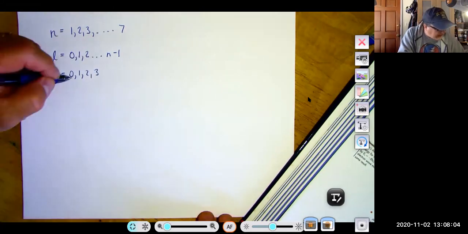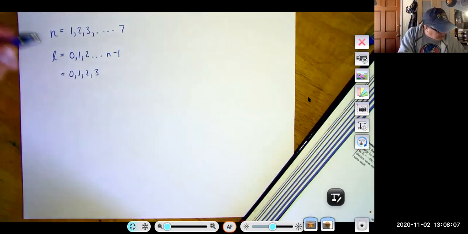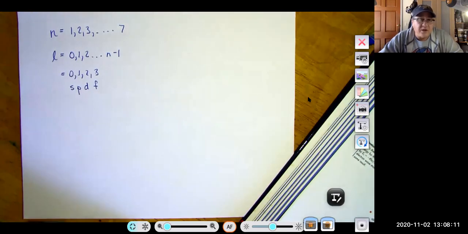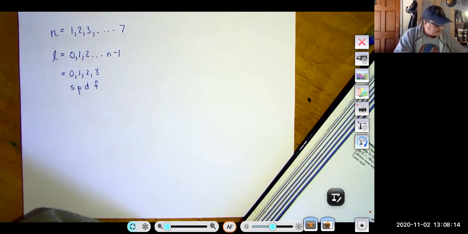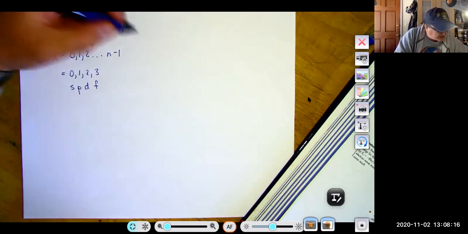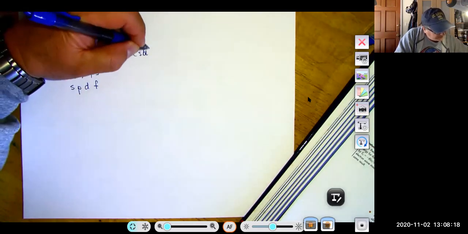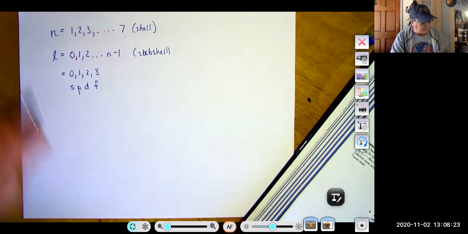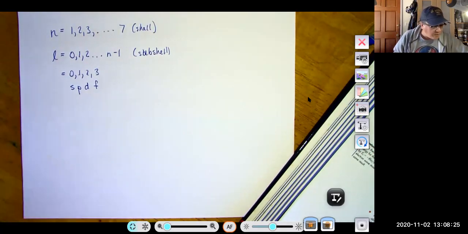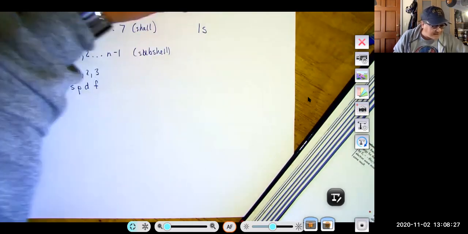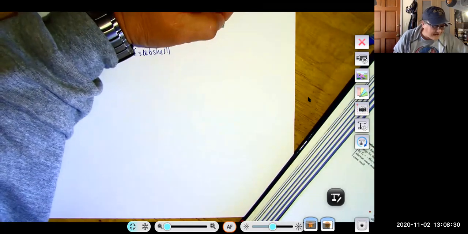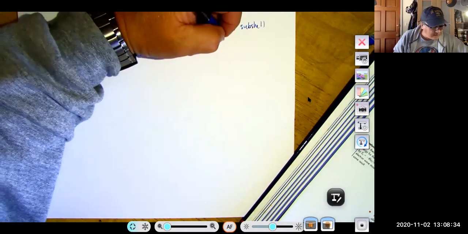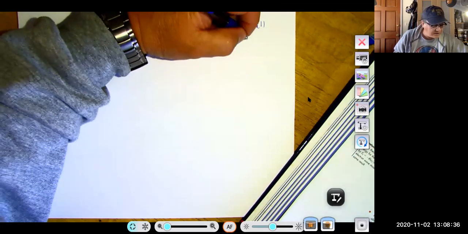Now, these actually have letter designations also, SPDF. So if L is equal to 0, we call it an S subshell. Remember, this is subshell, and this is shell. So if we have a 1s, that's an S subshell in the first shell.